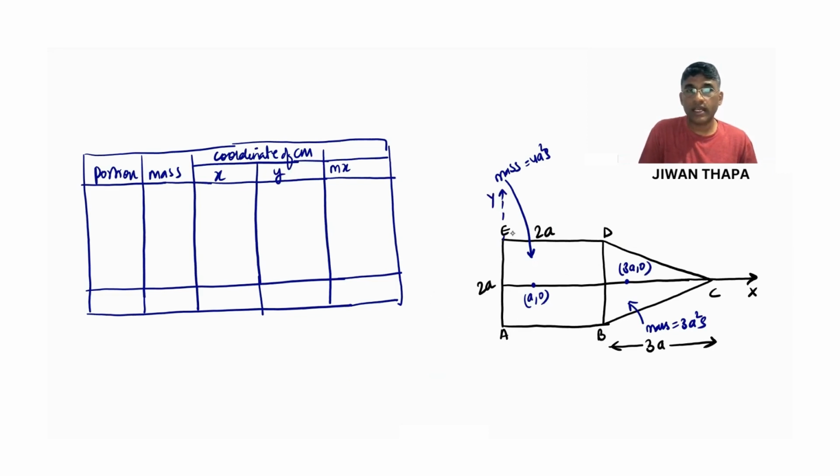This is Y and this is the origin O. The Y and X axes intersect at this point. So we have this.